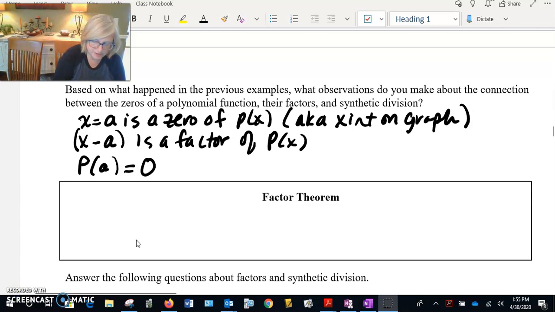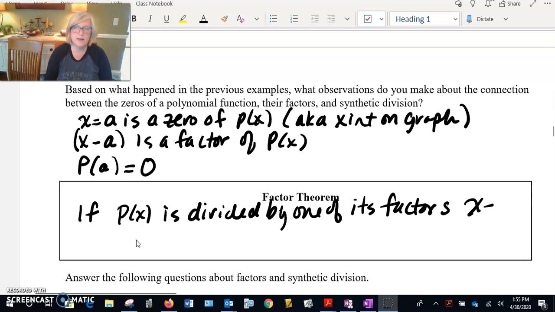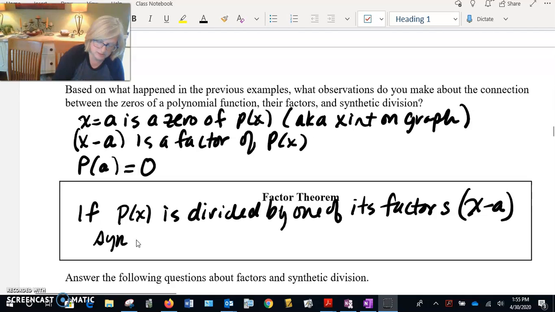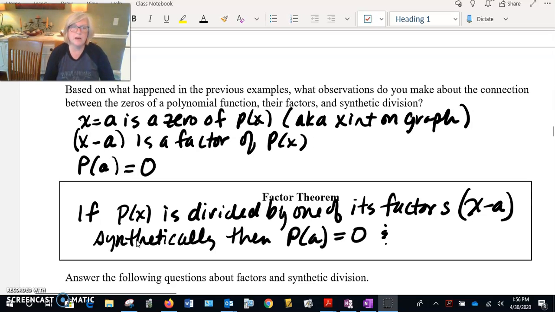Basically all the factor theorem says is that if p of x is divided by one of its factors, x minus a, so we put it in that nice little linear format, and if we divide by x minus a synthetically, using synthetic division, then p of a is going to equal 0, and p of a is the remainder. So that all ties in what we were talking about up above.